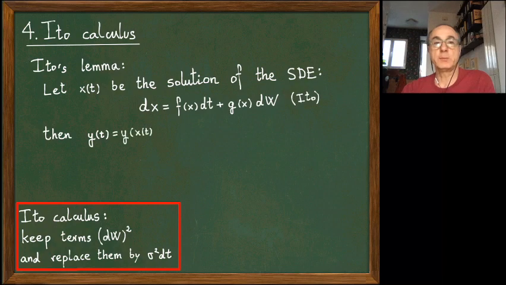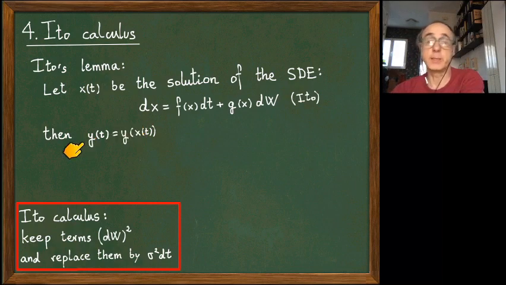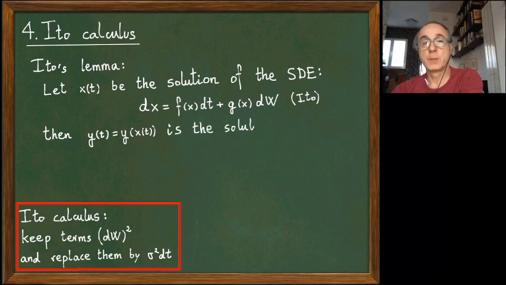So we have y as a function of x. If x is the solution of this equation, we want to find the equation that y obeys. This is the change of variable. And usually, what do you do for a change of variable?